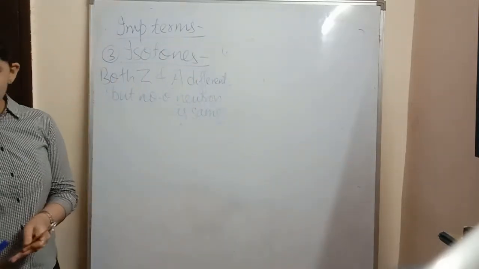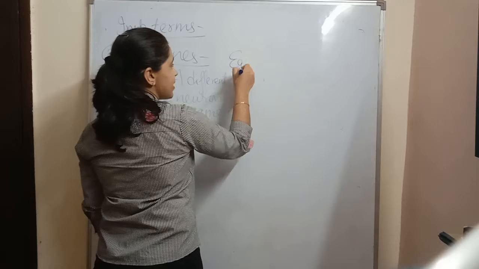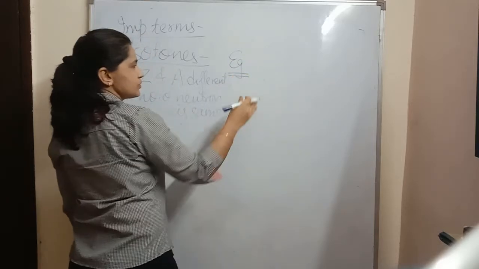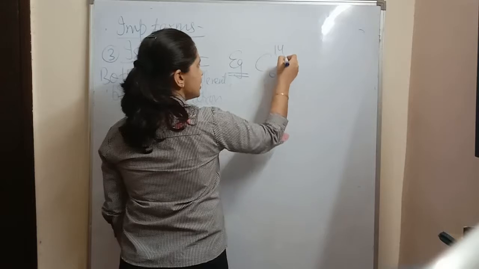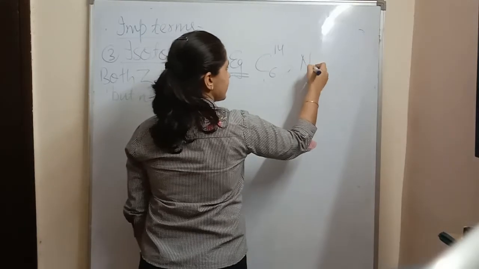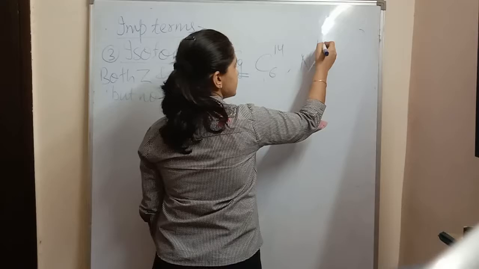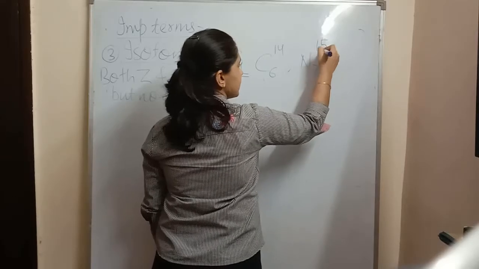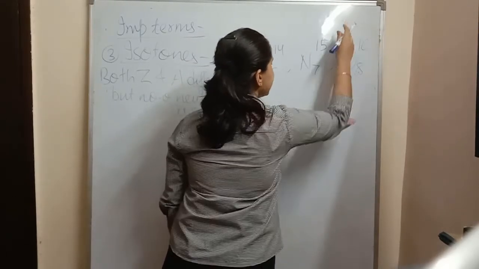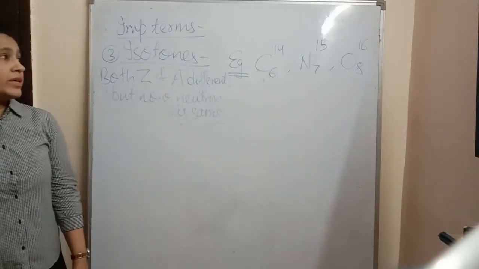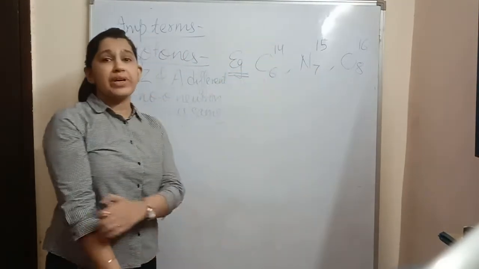Any example of isotones that you can write? Example: C-14 (atomic number 6), N-15 (atomic number 7), O-16 (atomic number 8), right? Now if we see, atomic numbers are different, the mass numbers are different.